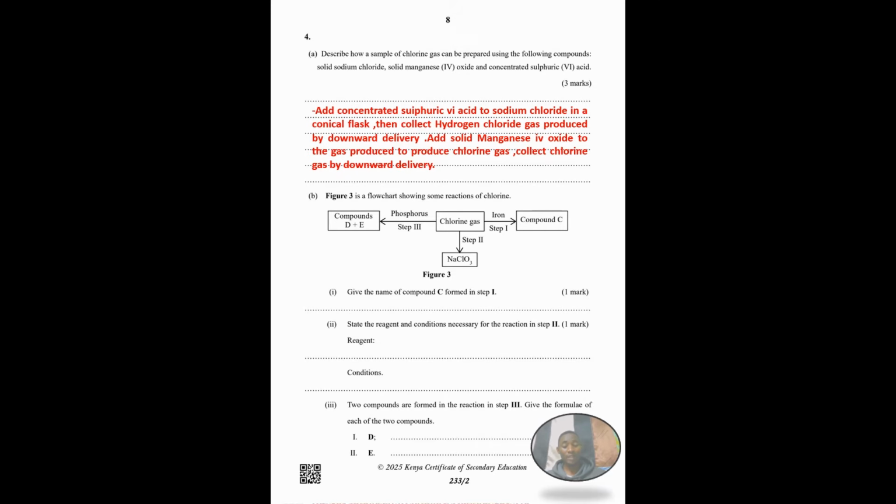We have chlorine reacting with water, we have chlorine reacting with metals, and we still have chlorine reacting with non-metals like phosphorus, and we also have chlorine reacting with alkalis. So we have chlorine reacting with hot and cold alkalis.